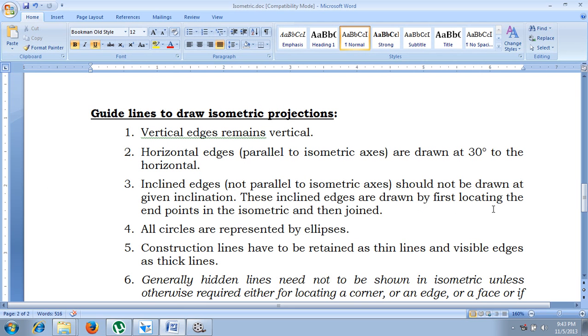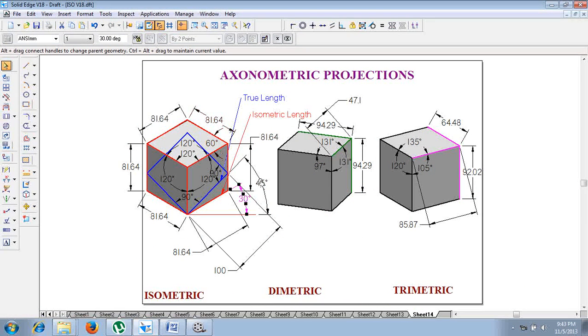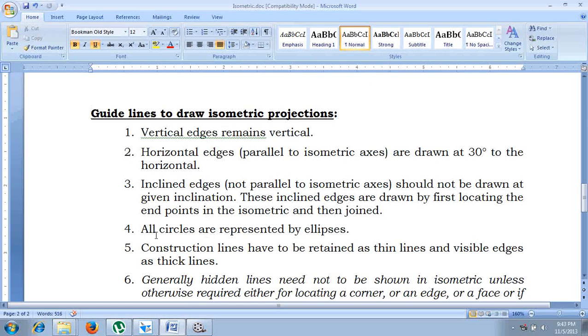These inclined edges are drawn by first locating the endpoints in the isometric and then joining them. That is, inclined lines cannot be drawn at the given inclination, which will be explained later while constructing the different types of inclined lines. Then all circles are represented by ellipses in case of isometric projections.